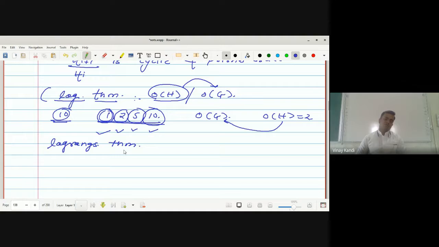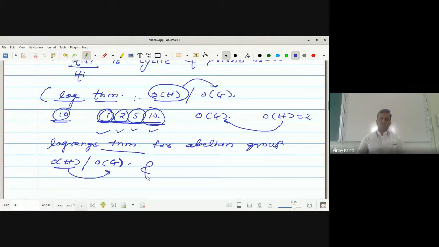Search for Lagrange's theorem for abelian groups, google it. The order of a subgroup always divides the order of a group G, and the converse is what?